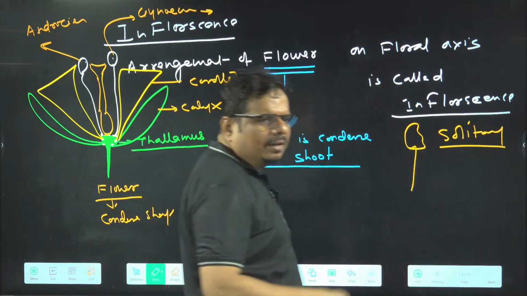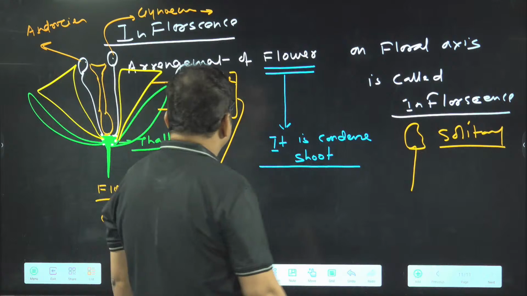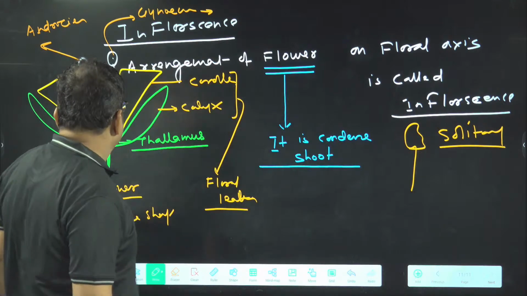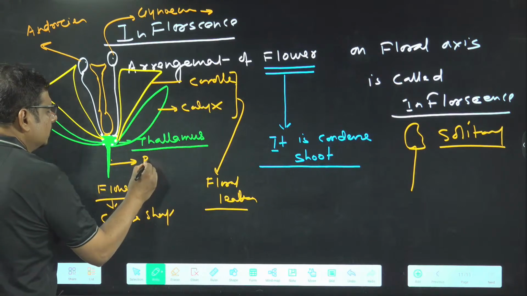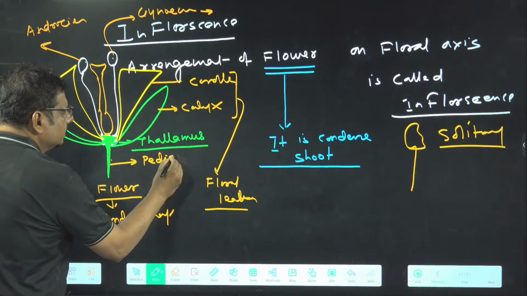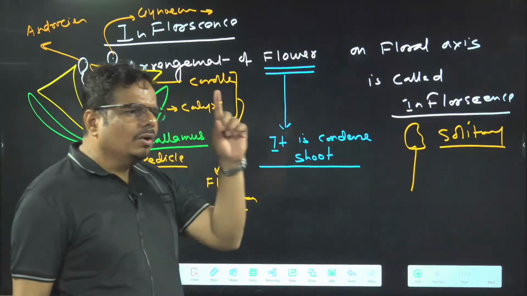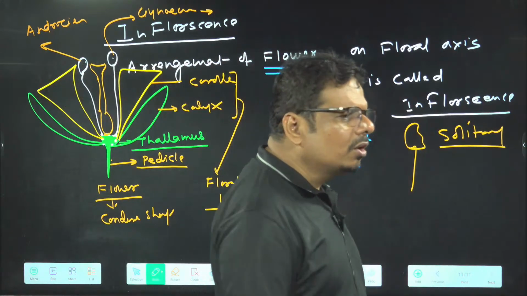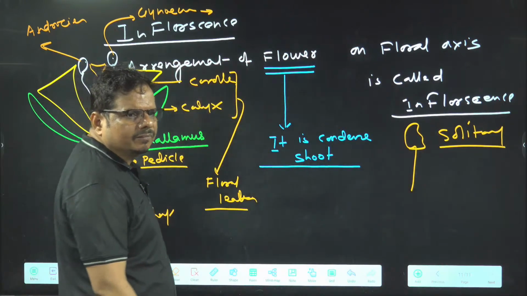Solitary. Now we are going to deal with inflorescence. Getting the things? Types. So I told you inflorescence. This is a stalk. This stalk is called which one? Pedicel. Petiole is the stalk of the leaf. Pedicel is the stalk of the flower. And peduncle is the stalk of the inflorescence.